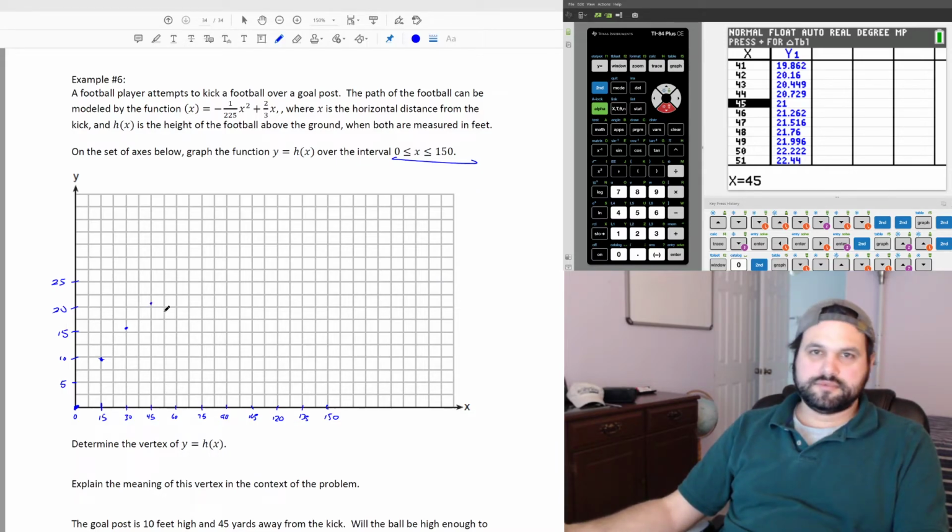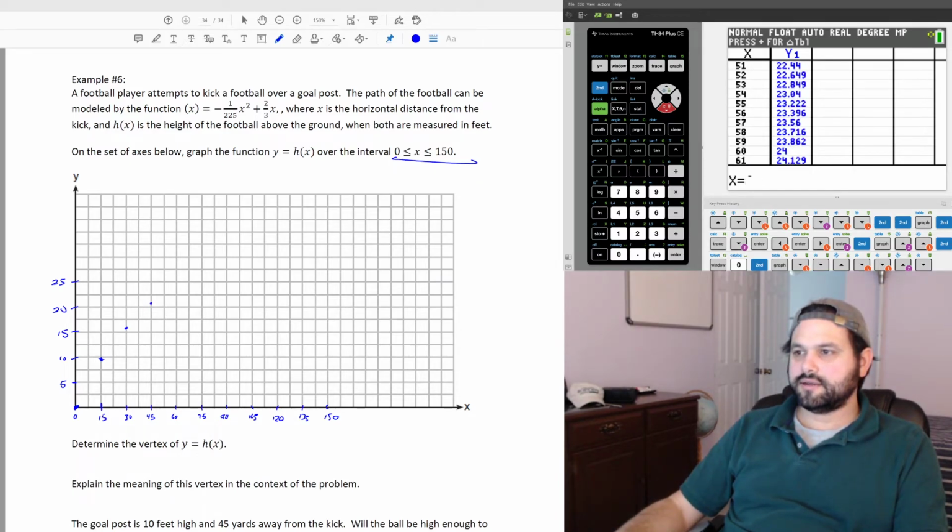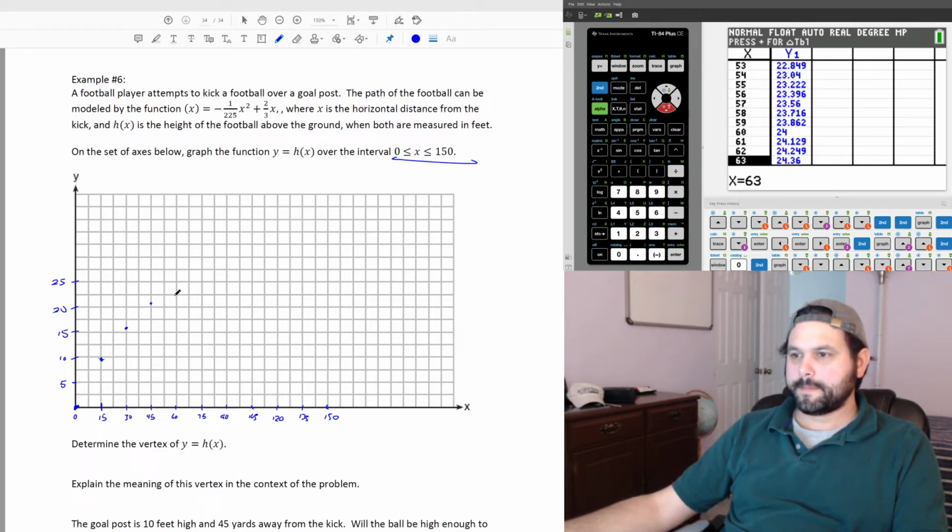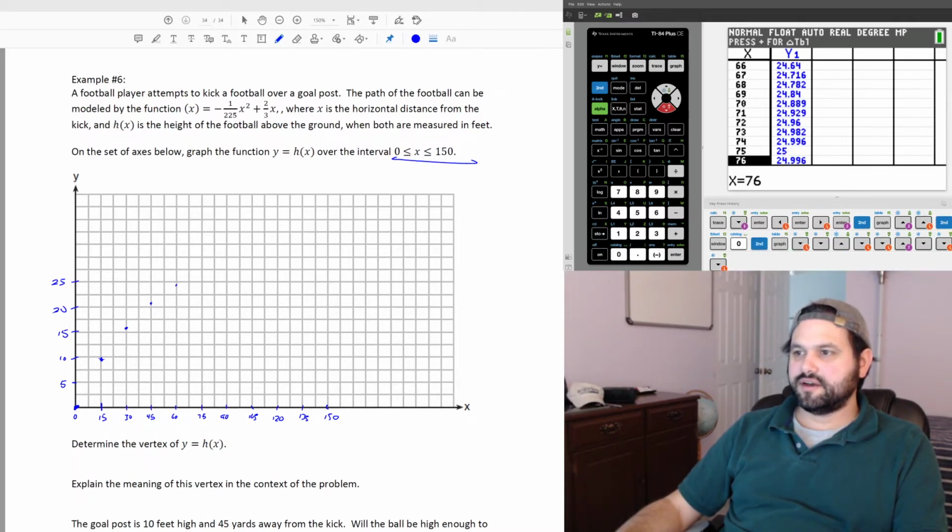But this works too. 60 and 24. And then our vertex of 75, 25.